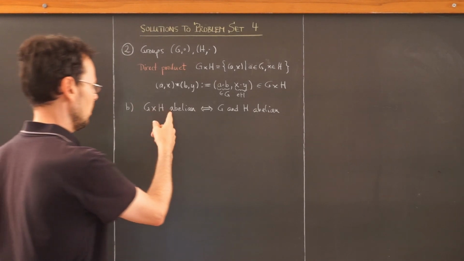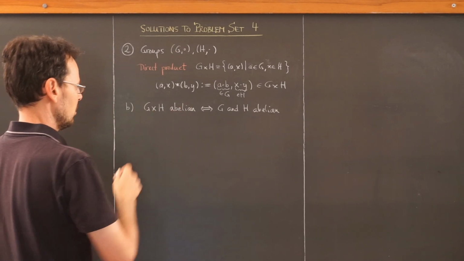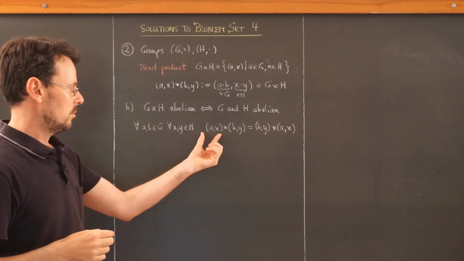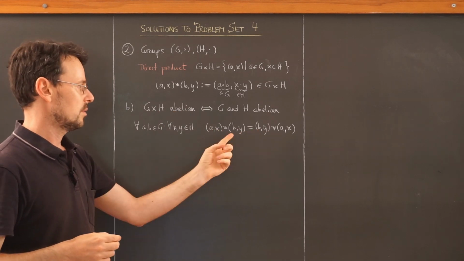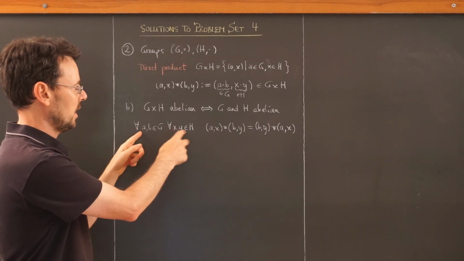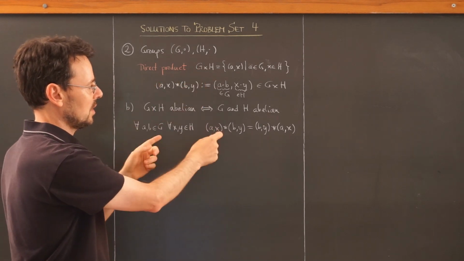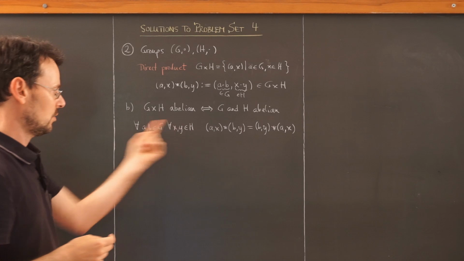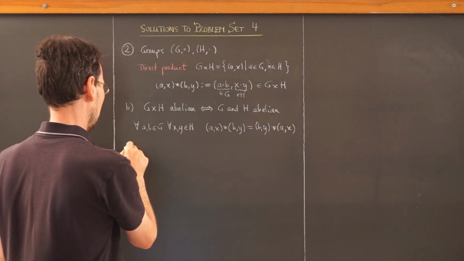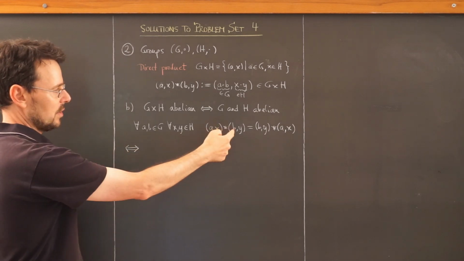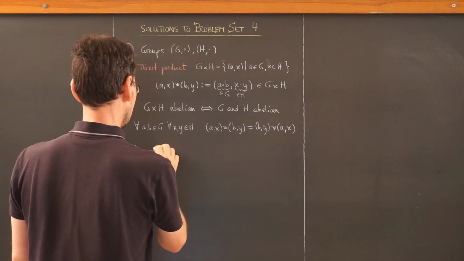So we start here. G cross H or G times H is abelian means that here I can switch orders. So for all A, B in G, X, Y in H, or for all AX in G times H and BY in G times H, which is the same, this is true. Now I simply apply the definition on both sides. I'm not going to write that down all the time.